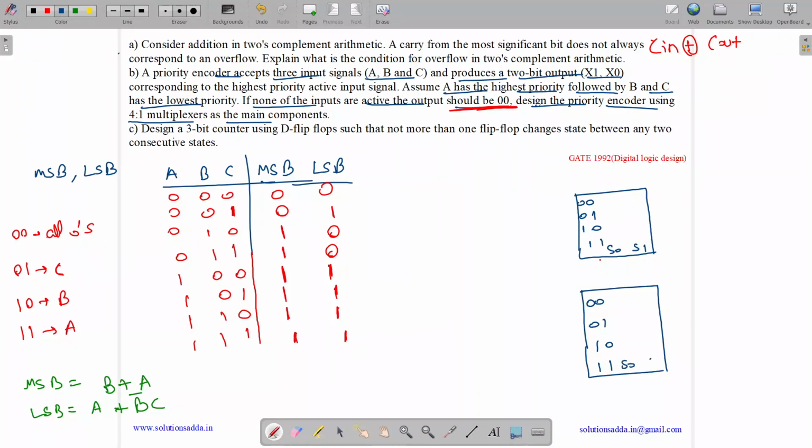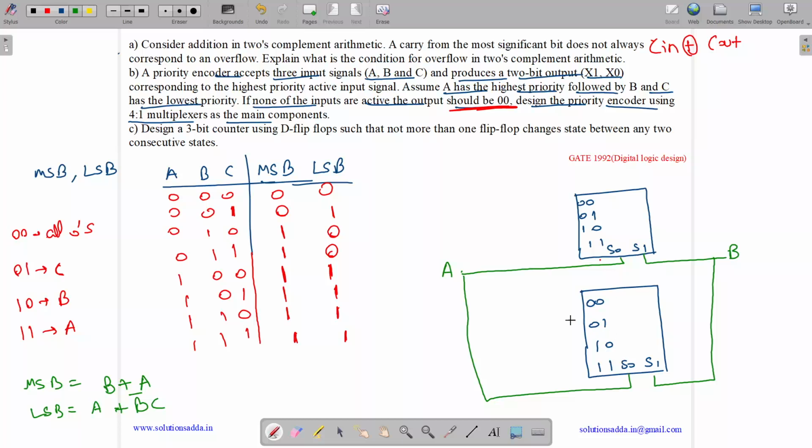S0 is connected to A over here and over here, and S1 is connected to B over here and over here.